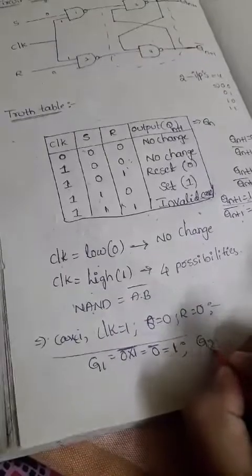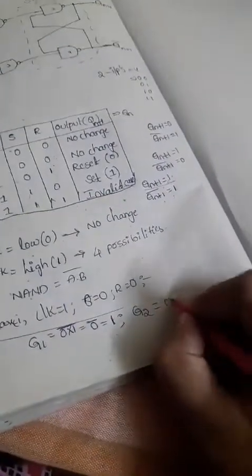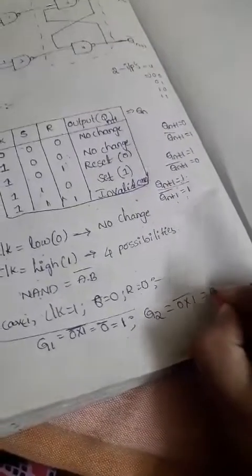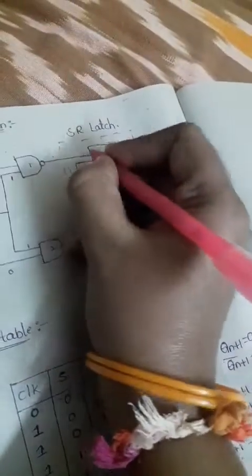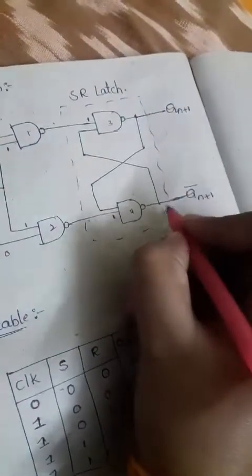What is the G2 gate result? (0 into 1), and again the whole complement. So 0 complement is 1. Now we know the G1 and G2 results are 1 1. That will be given as inputs of the third and fourth gates, right? What about the other inputs for these two gates? You should take them from here.